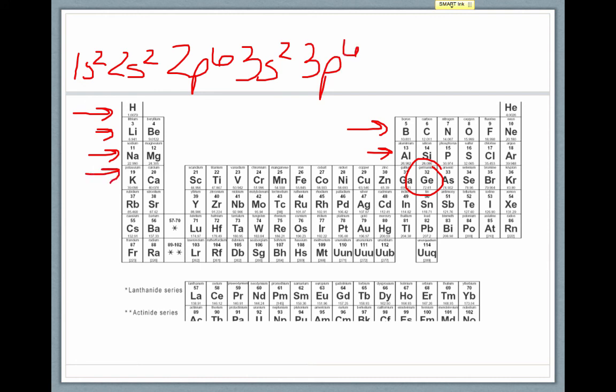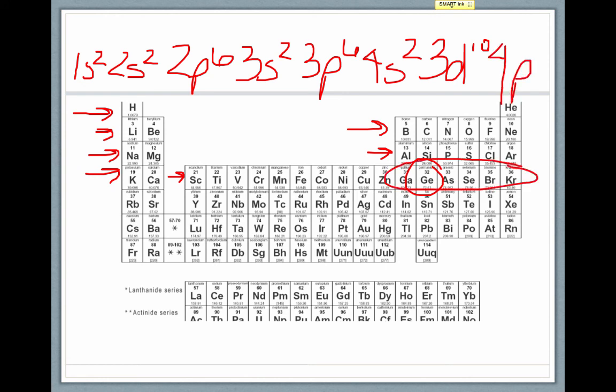We know that the 4s level is completely full, and we know that the 3d level is completely full. Remember, we get a 3d after the 4s. So we know that it must end in the 4p sublevel. And we know that it must be 4p2 because it's the second one into that block. Add up your electrons and you should end up with 32.